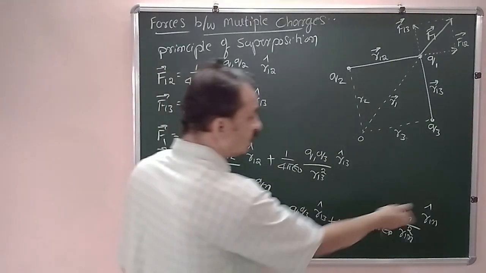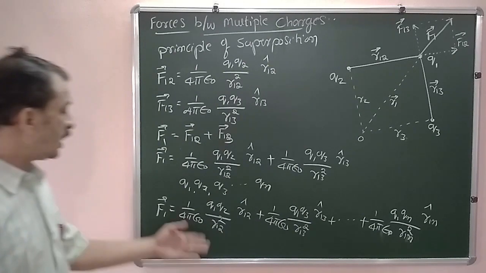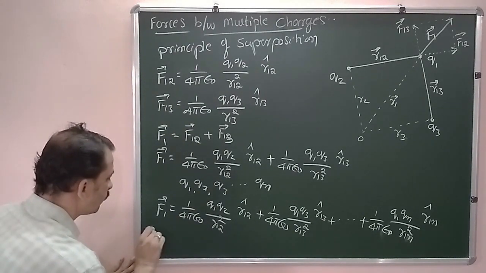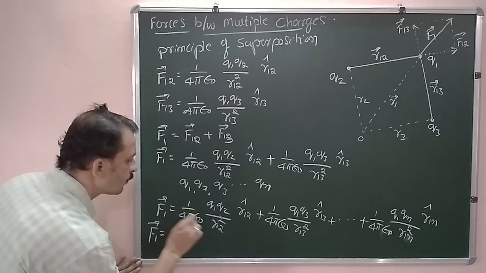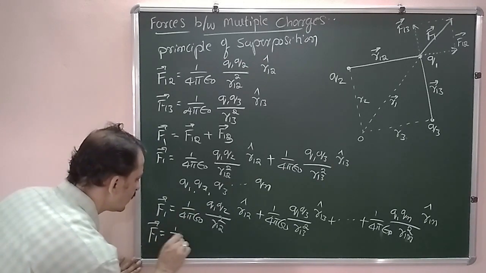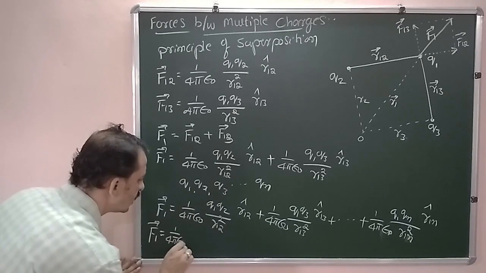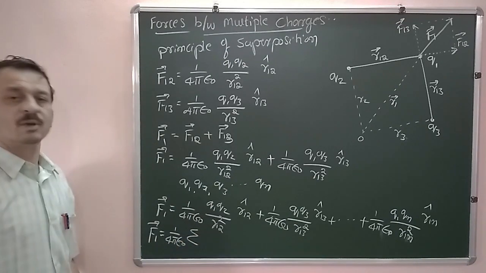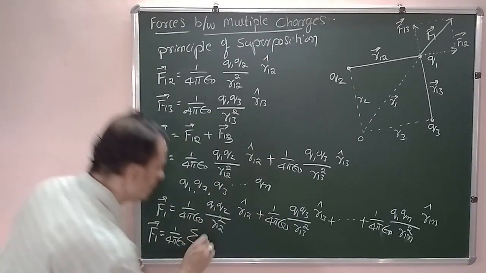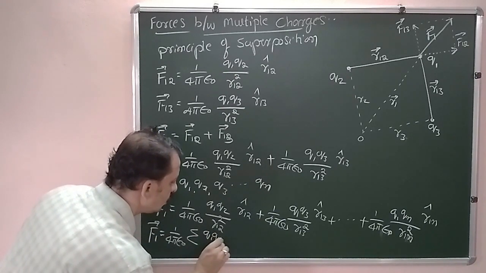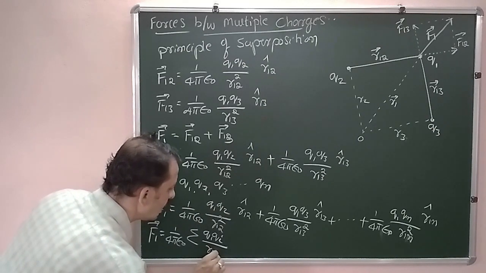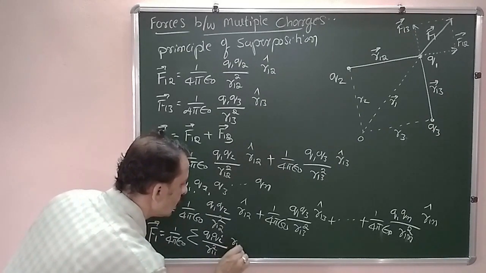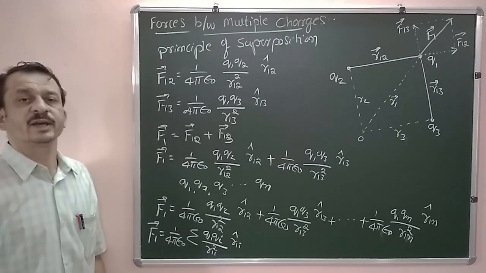Now we are getting n number of terms, or we can simply write the total force F1 is equal to, now 1 divided by 4 pi epsilon naught is common, let me take it out, 1 divided by 4 pi epsilon naught. Now I am using sigma notation, sigma Q1 Qi divided by R1i square into R1i cap.